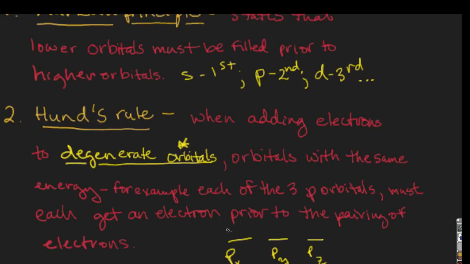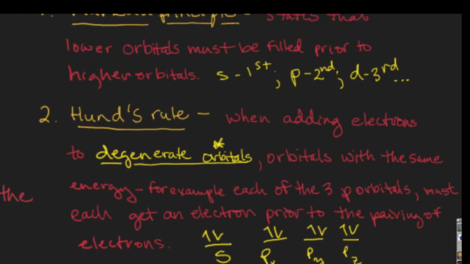Well, before I get to the p, Aufbau tells me that both of these must be filled, right? And then here I have to put one in each of these prior to the pairing up of these electrons. Okay, that's what Hund's rule says.